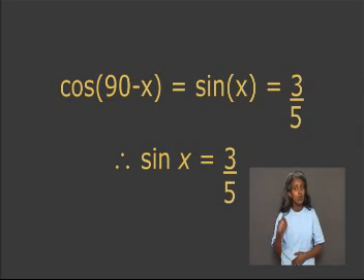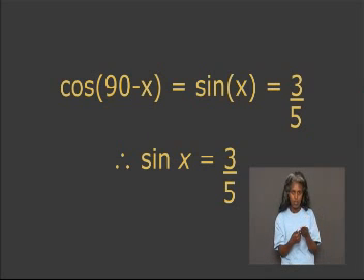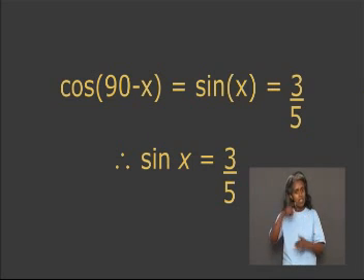We know that two complementary angles add up to 90. Therefore, when you subtract the variable from 90, the result must be the cofunction. That means that cosine 90 minus x is just another way of saying sine x.